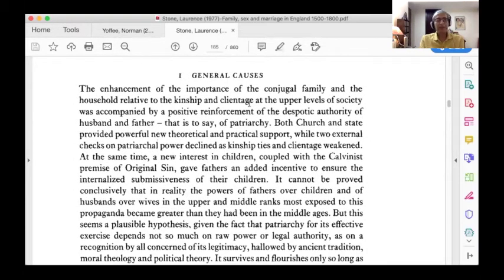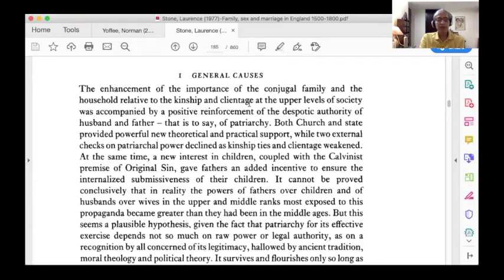The enhancement of the importance of the conjugal family and the household relative to the kinship and clientage at the upper levels of society was accompanied by a positive reinforcement of the despotic authority of the husband and father, that is to say, of patriarchy.